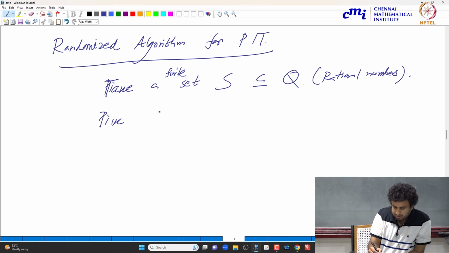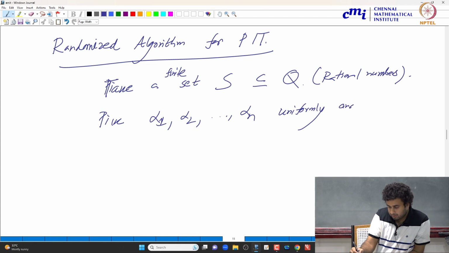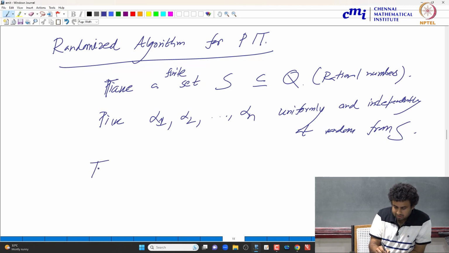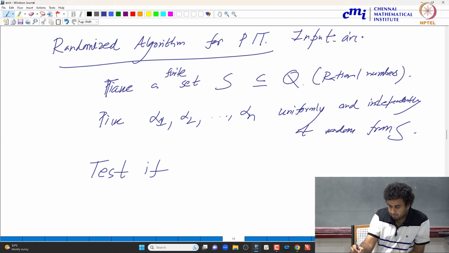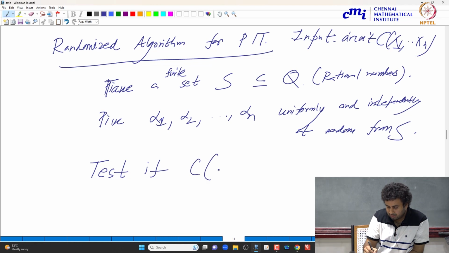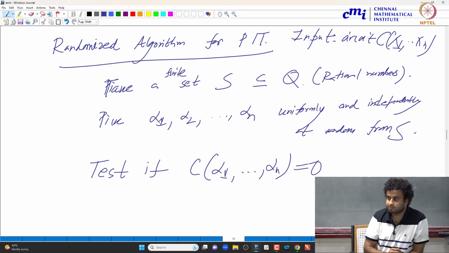Pick numbers alpha 1, alpha 2, ..., alpha n uniformly and independently at random from S, and test if the given polynomial, say the input is a circuit C(x1, ..., xn), test if C(alpha 1, ..., alpha n) is 0.